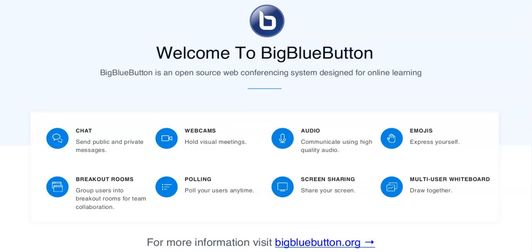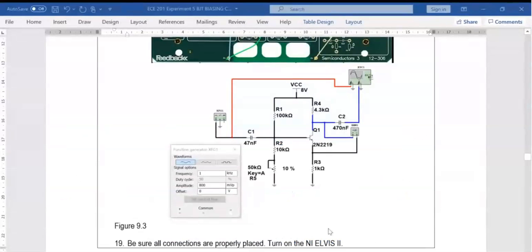So we need to add a 50 kilo ohm potentiometer. The 20K becomes 10K, in series with the 50 kilo ohm potentiometer. Then we need 47 nanofarad and 470 nanofarad.